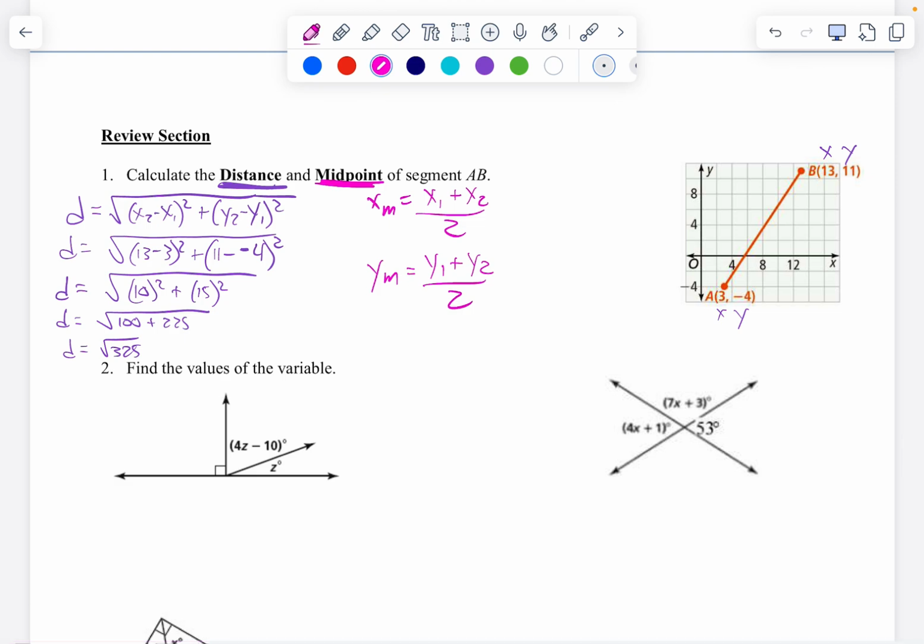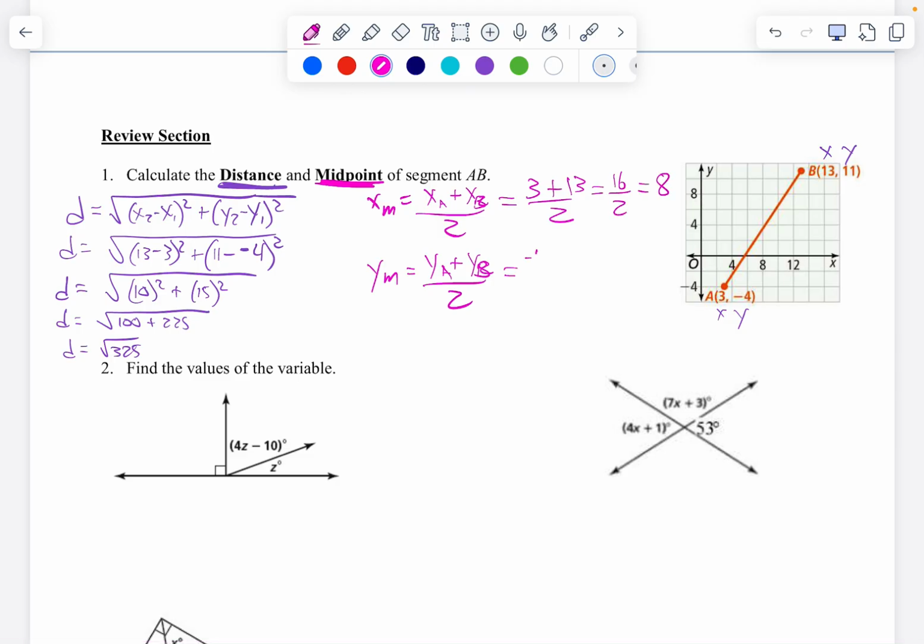By the way, the subscripts, those little 1s and 2s, could just as easily be like A and B. It just is talking about the fact that we have 2 different x's and 2 different y's. That's all it means. Okay, so the x for the A coordinate is 3 and the x for the B coordinate is 13. So that's 16 over 2, which is 8.